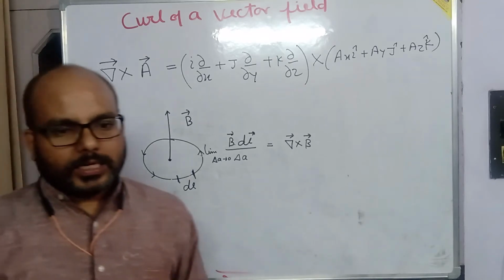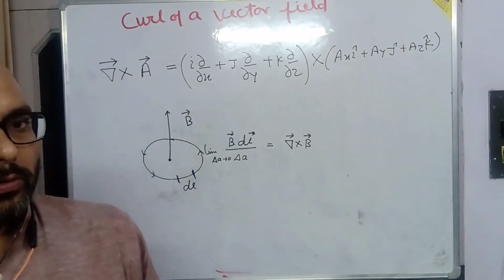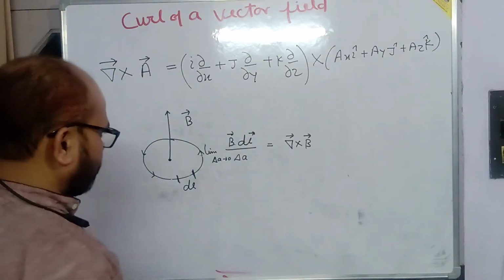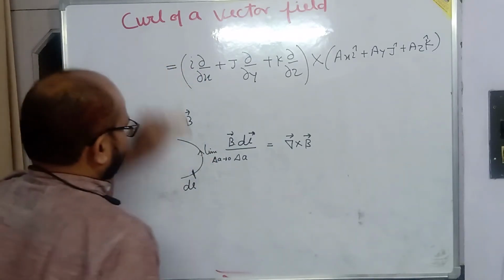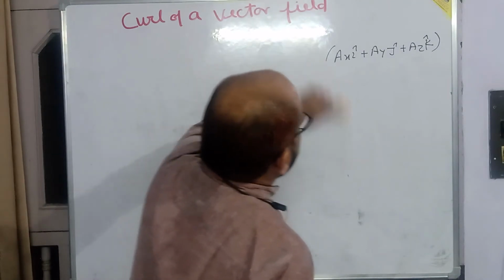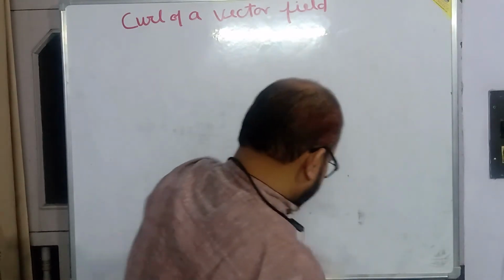That means the net circulation is maximum.